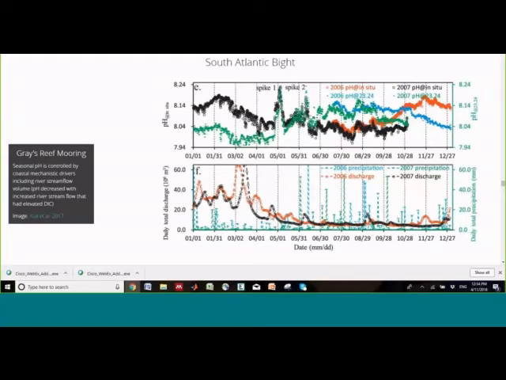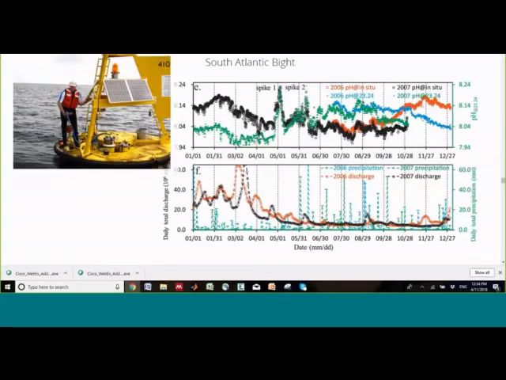We found that shortly after increases in river discharge, we would find decreases in pH. And that's to be expected, knowing that river water is lower in pH than estuarine water. But what's most remarkable is that the Grays Reef mooring is offshore.